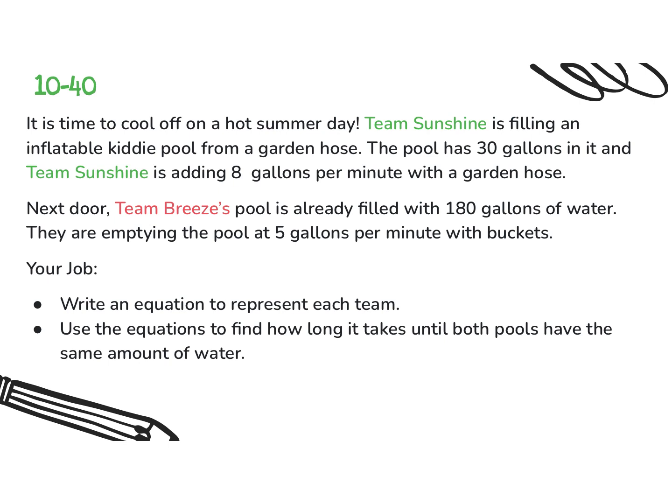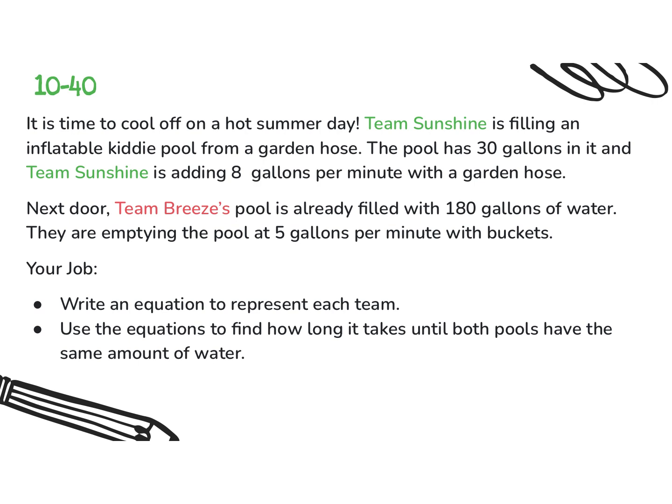This is problem 10-40 from our class book, and I'll give you a moment to read it. Okay, so we're going to use blue or red and green, and we're going to write two equations. Let's start with Team Sunshine. Team Sunshine is filling a pool with a garden hose.